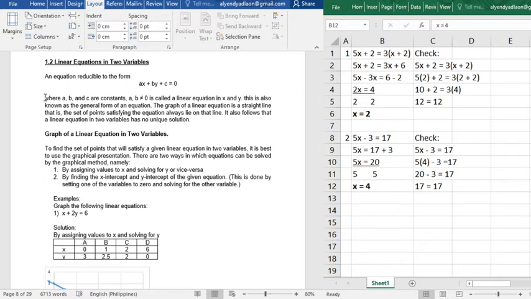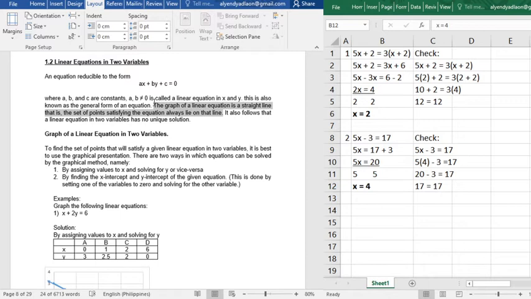The graph of a linear equation is a straight line, that is, the set of points satisfying the equation always lie on that line. It follows that a linear equation in two variables has no unique solution. Later on, we will make a graph, and in that graph there will be a line or a slope. Any point that lies on that line will always be our solution set.